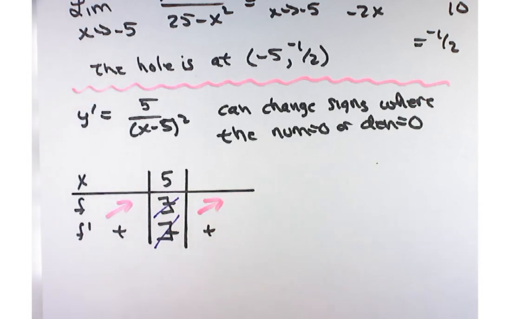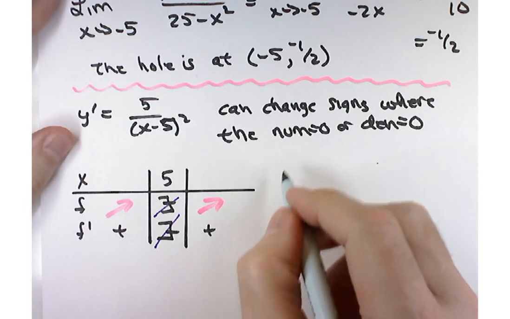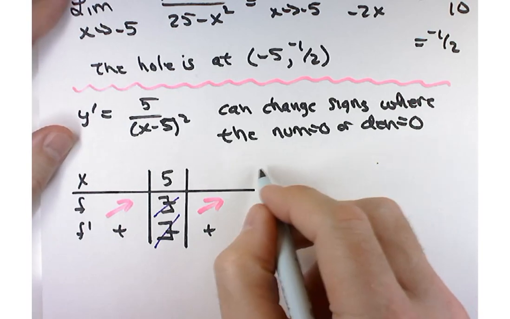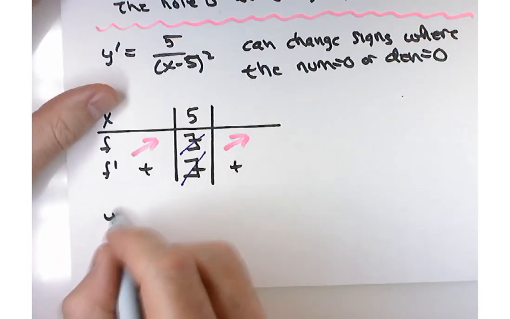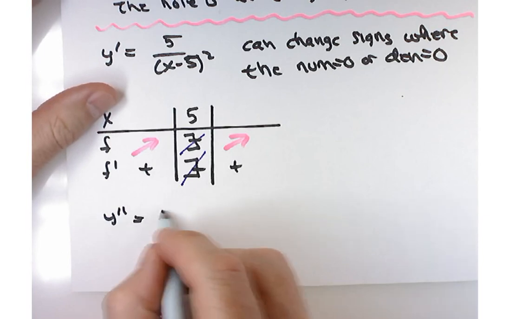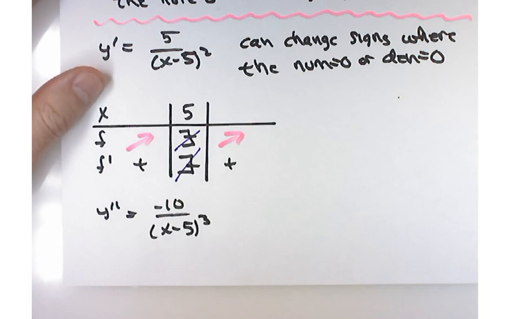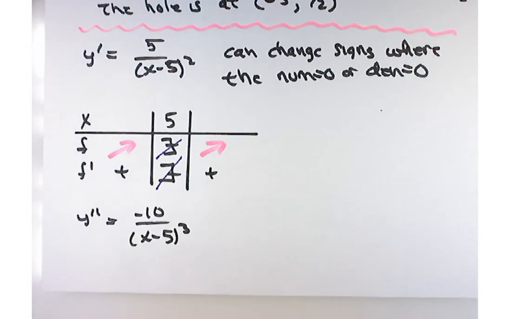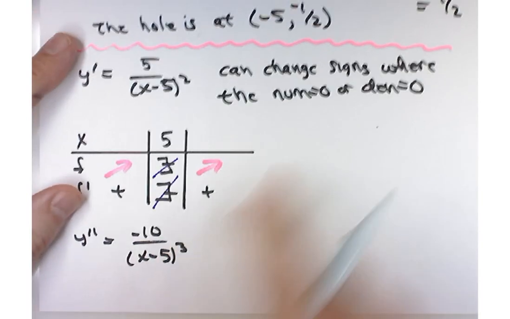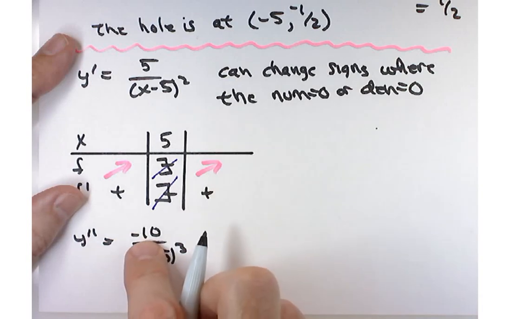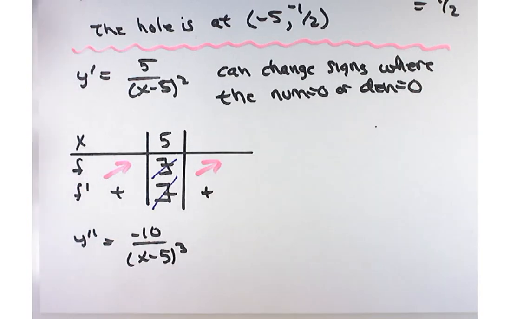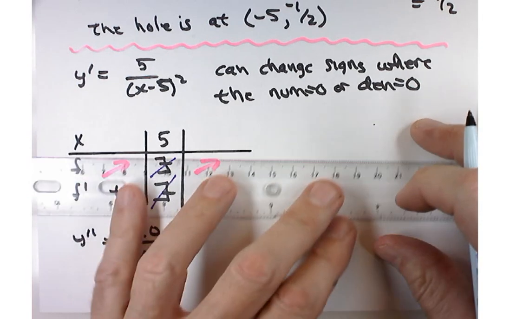Great. I also gave you the second derivative. The second derivative y double prime is equal to -10 over x minus 5 cubed. And we're going to do the same thing. The numerator can't change signs at all, so this can change signs only at the denominator.